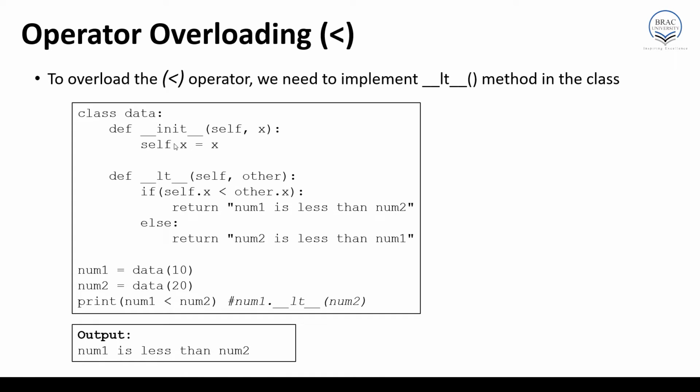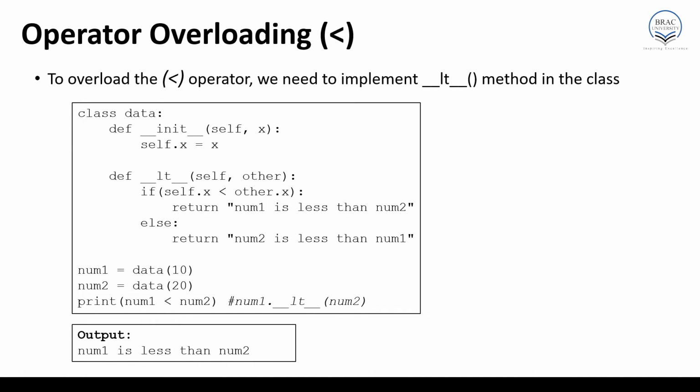That's the basic stuff, so I guess you already know that. So I'm checking self.x, that means number 1's x is holding 10. 10 is less than other.x, number 2's x is 20. So 10 is less than 20. This if condition is true, and it is returning number 1 is less than number 2. So my output is number 1 is less than number 2.